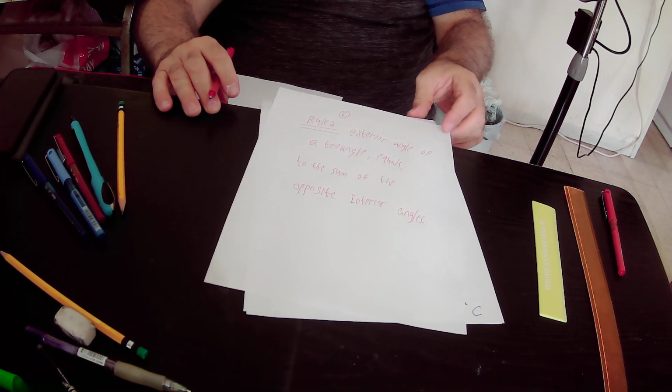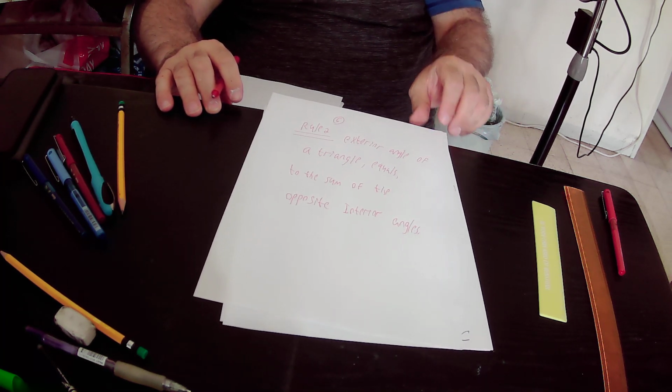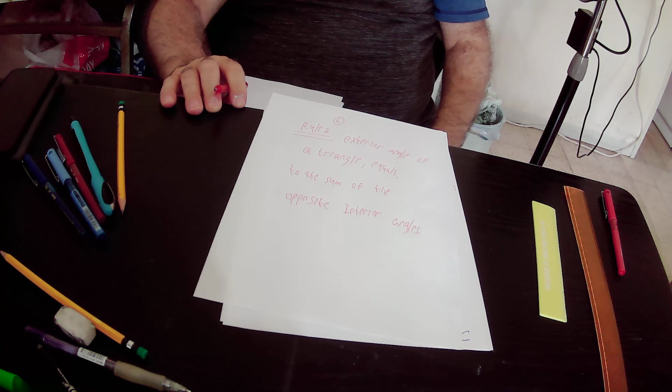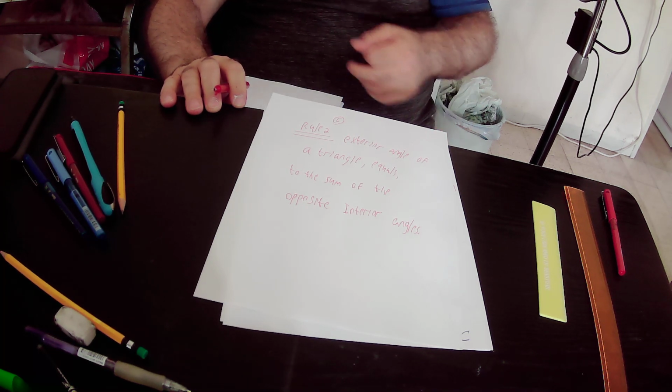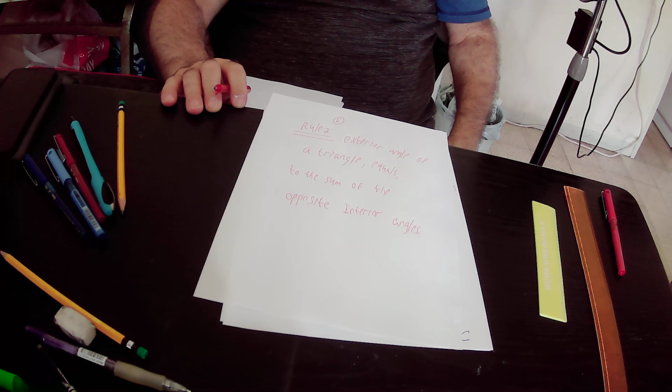I will read rule number 2 again. Rule number 2 states that the exterior angle of a triangle equals the sum of the opposite interior angles.